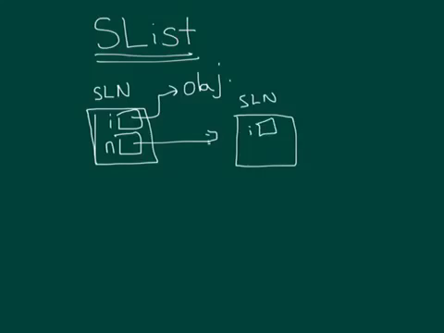That also stores an item. We'll call it obj2. And the next pointer for that is pointing at nothing, because it's the end of the list. So this is one example of two singly linked list nodes, or SList nodes.